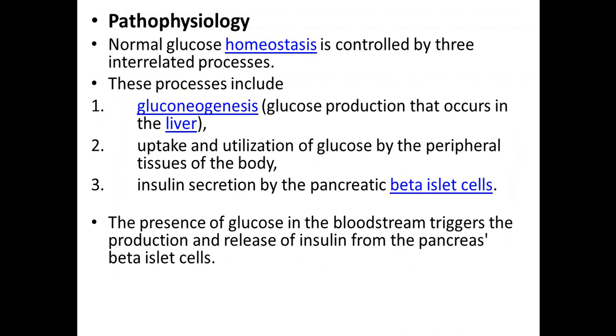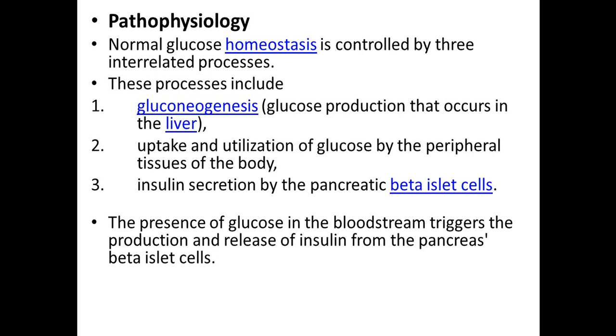So regarding the pathophysiology, what do we know about normal glucose homeostasis? It is a process controlled by three interrelating processes. First of all, gluconeogenesis, which is the production of glucose in the liver.